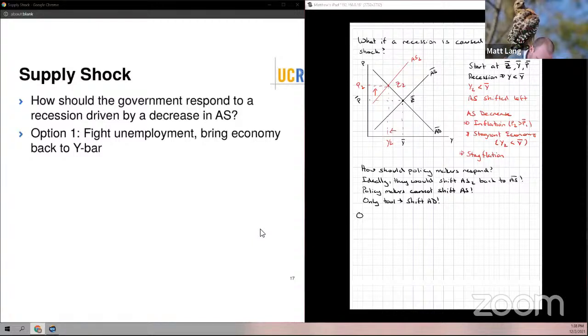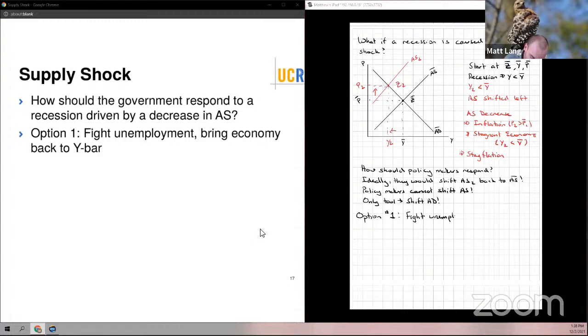So let's look at option one. They're looking at prices going up and output going down, and they say, just for example, let's fight unemployment.